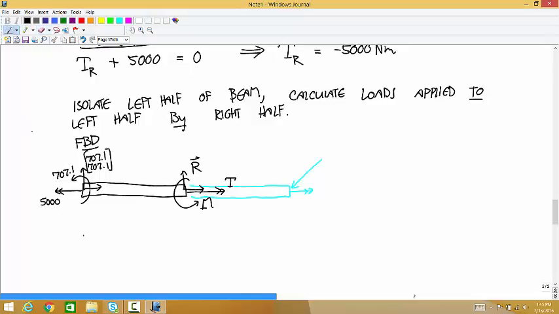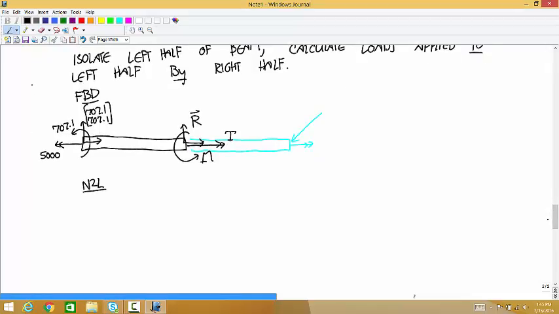So now Newton's second law says 707.1, 707.1 plus Rx, Ry is equal to zeros.